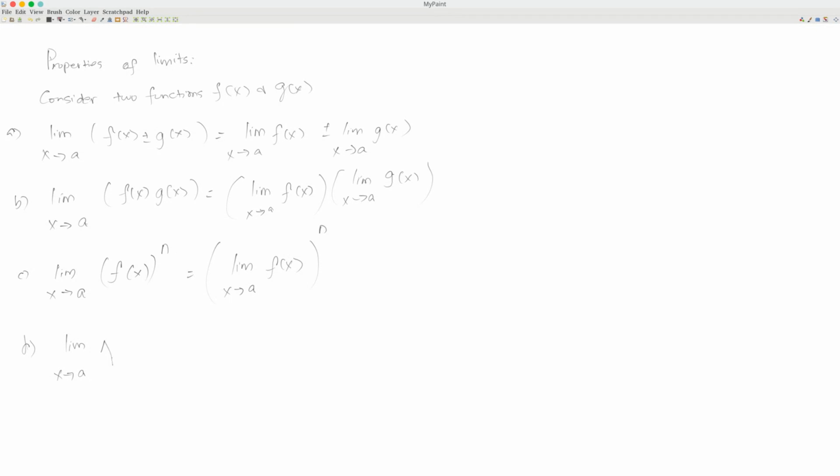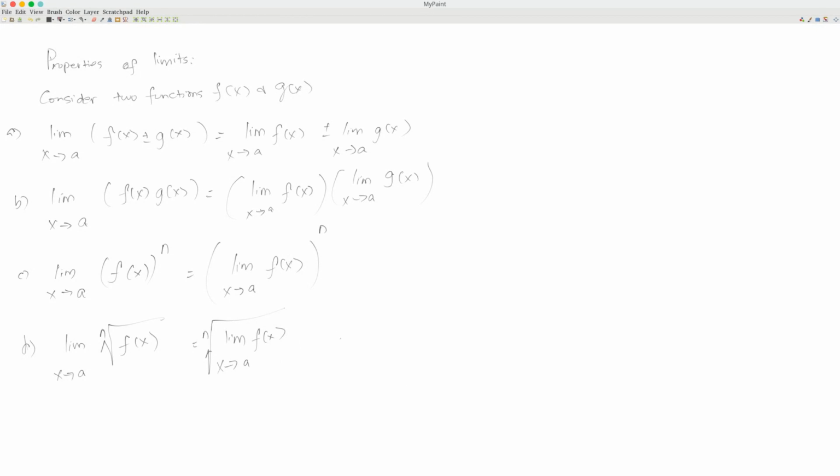Similarly, if you have the nth root, then the limit would simply be the nth root with the limit taken inside.